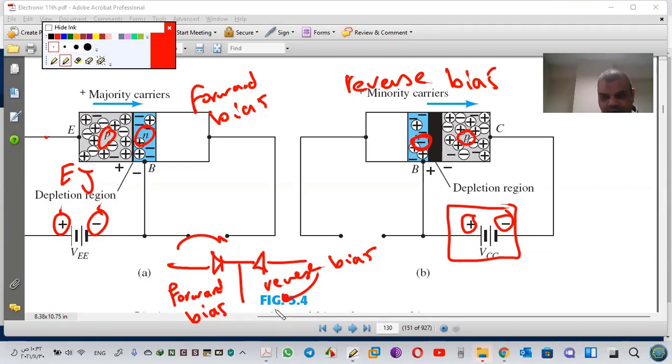The first one is forward, the other one is reverse. We have 10 minutes, then we will close. After that, take a break at 11, okay?